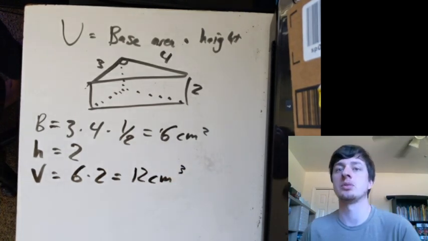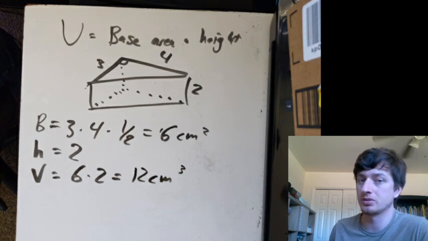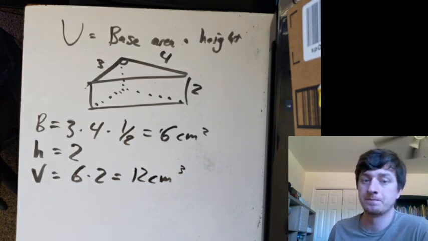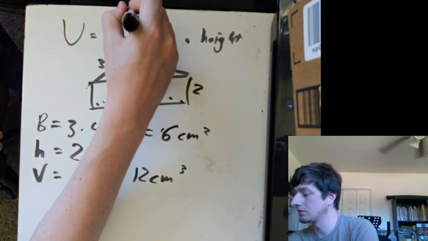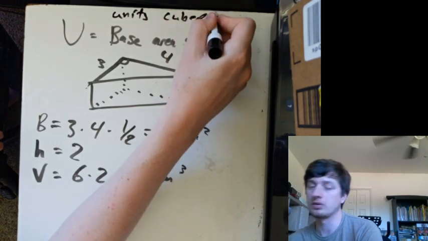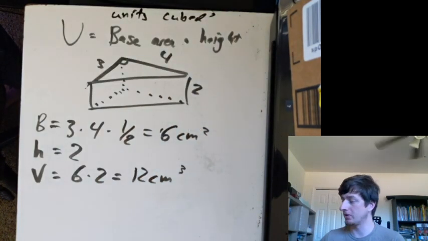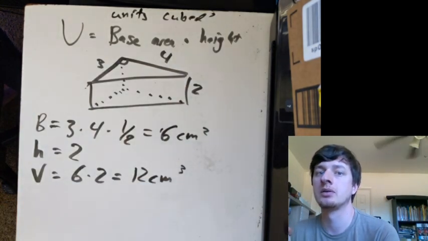Volume is always going to be in cubed units. Okay, so we found the area of the base, and we just multiply it by the height.